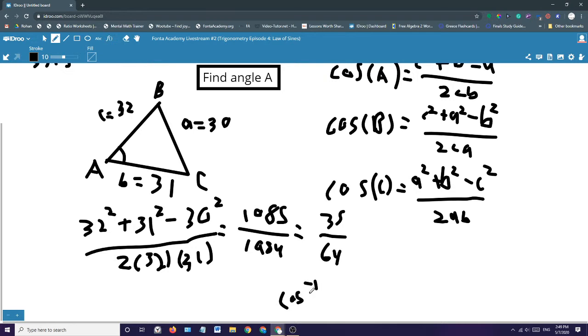So we do cosine -1 of 35 over 64. Let's round it to the nearest degree, because that only makes sense. So 57 degrees, and that is our answer.